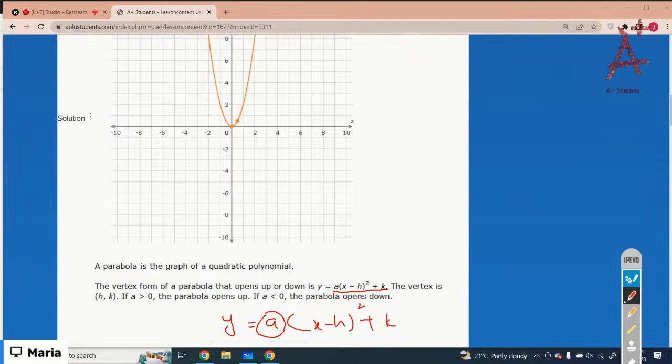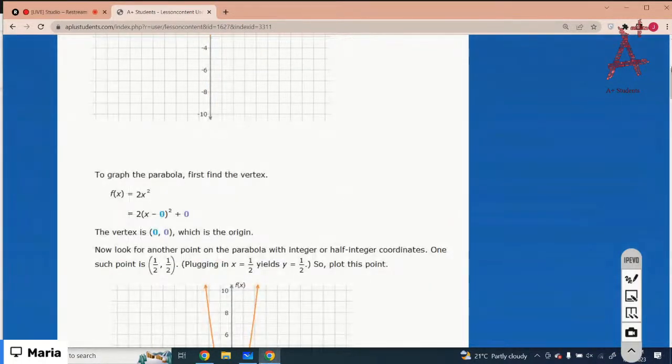Got it? So just look at the given graph. We have to write the equation in the parabola form. We have to graph f of x equals 2x square. Got it? That means in this case, the equation is 2 into x minus 0 whole square plus 0.